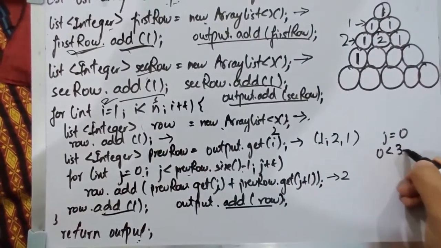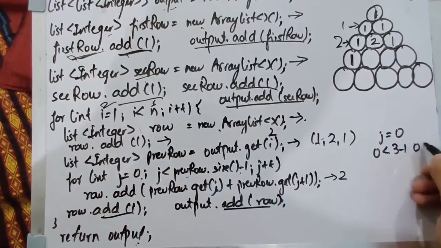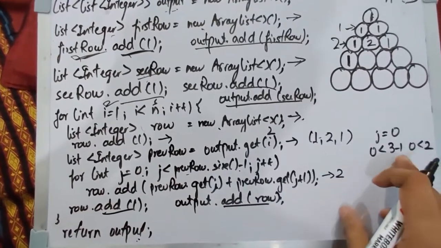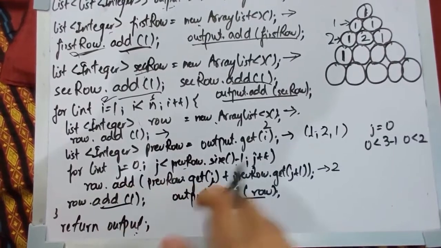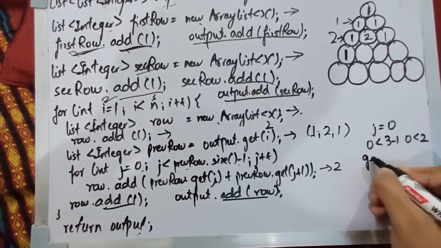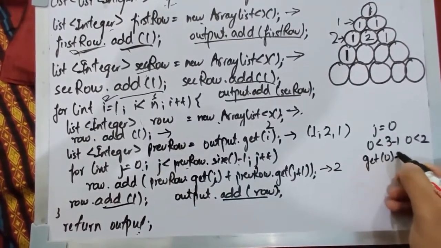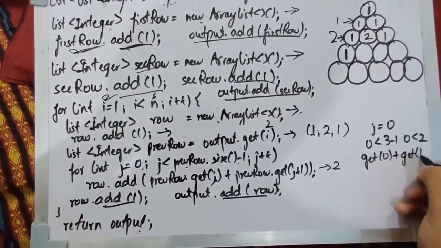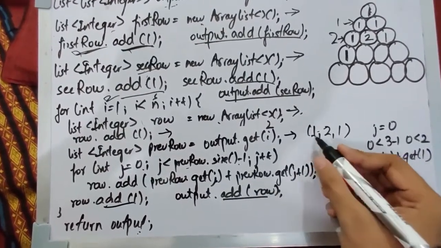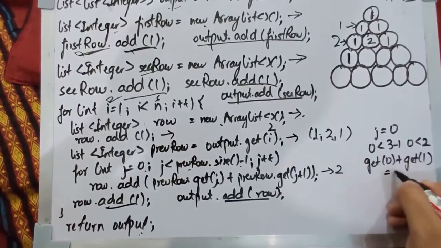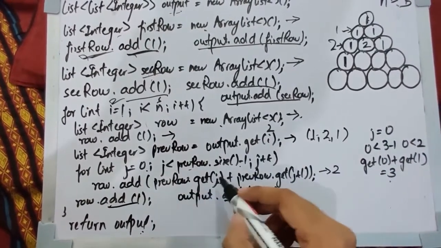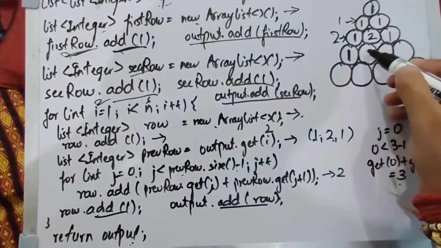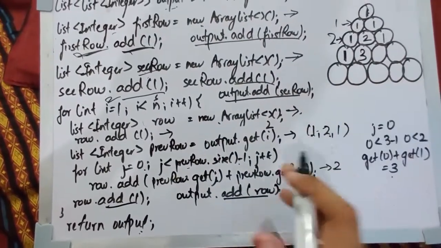So 3 minus 1, so it means 0 less than 2. This condition holds true, so we will go inside, and it will calculate j0 and j1, which is 1 plus 2 equals 3. So this 3 is going to be added in the row, but the loop hasn't finished yet.